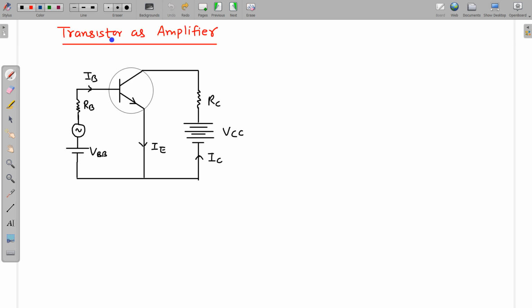Next topic is transistor as amplifier, and it is the most important application of the transistor. The circuit is almost similar to what we discussed for the NPN transistor characteristic, and I have shown some alternating voltage here. This alternating voltage is some sort of signal.